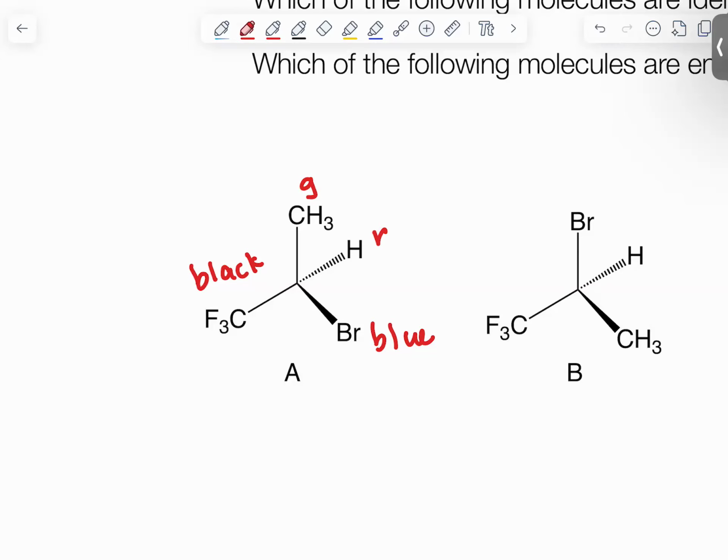Now that the bromine is in plane, that means that the red hydrogen should be wedged because it's coming out, and the green CH3 should be dashed. Is that what's written up there? Is it the exact opposite? So they're enantiomers. Now, if I were to take the mirror image of this, it's right. That is exactly how it's drawn up there.